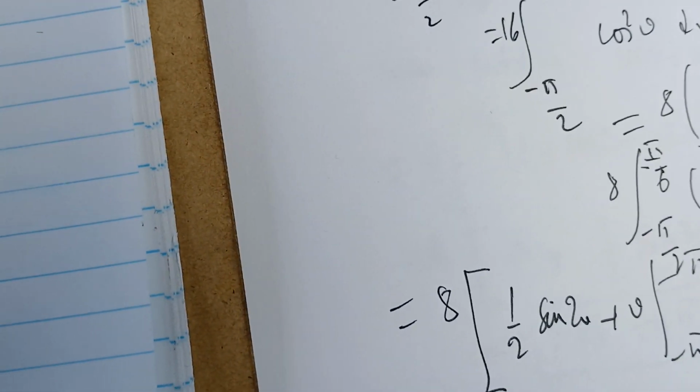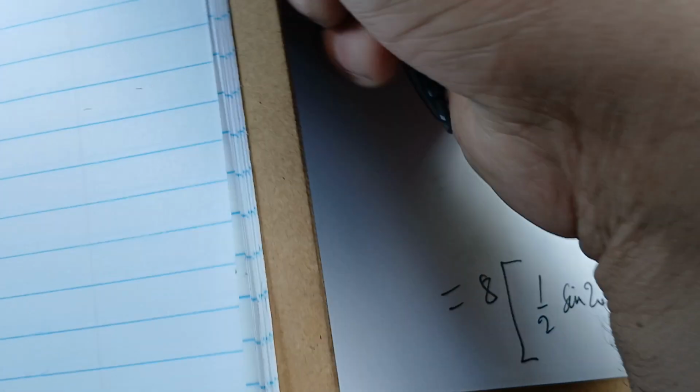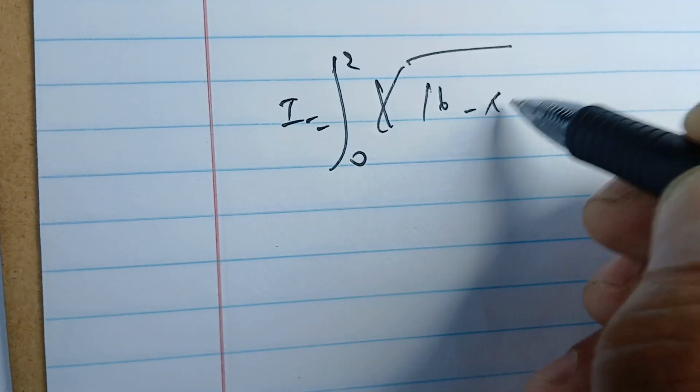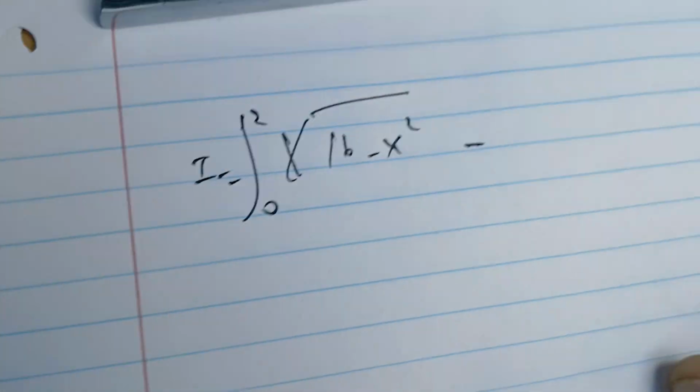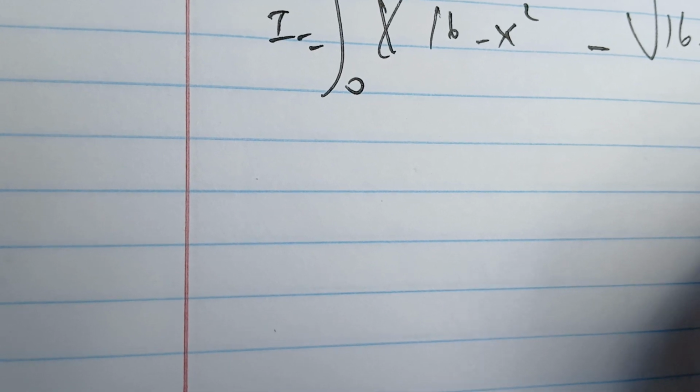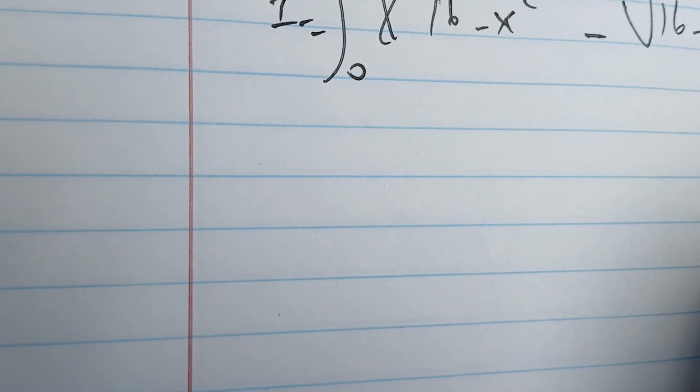So now I have to, for the first integral, let me do it. I is the integral from 0 to 4 of the square root of 16 minus x squared minus the square root of 16 minus x minus 4 squared dx.